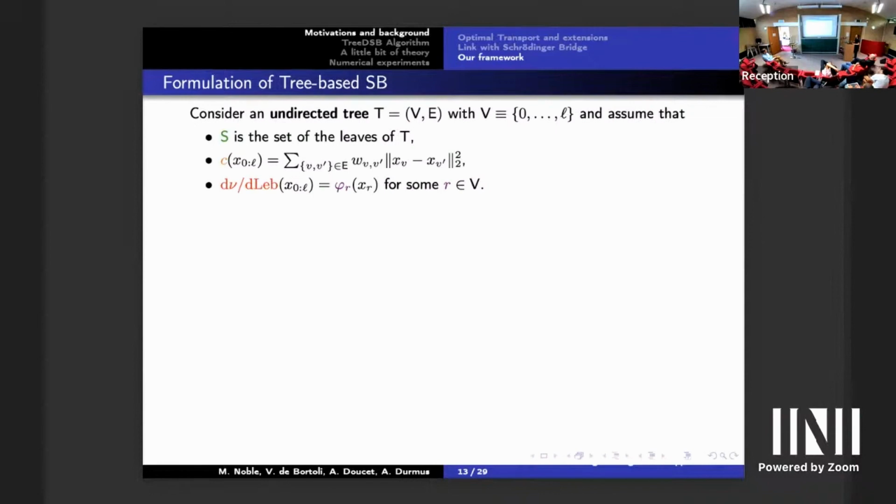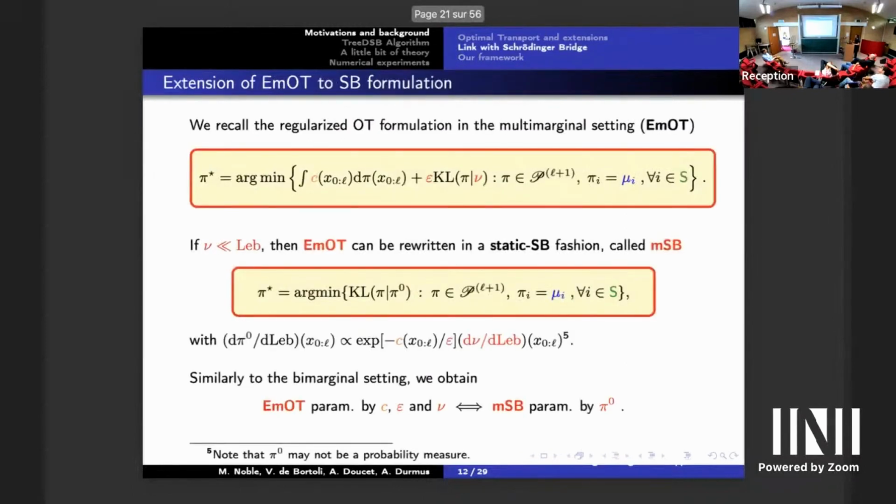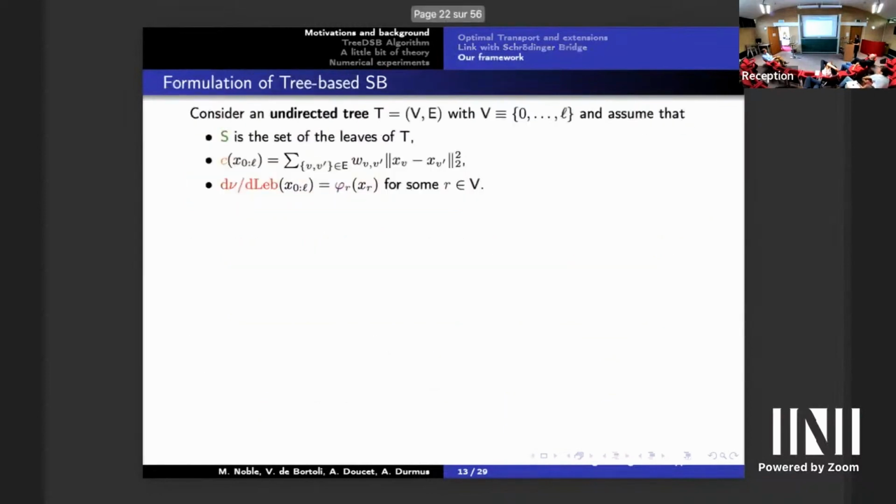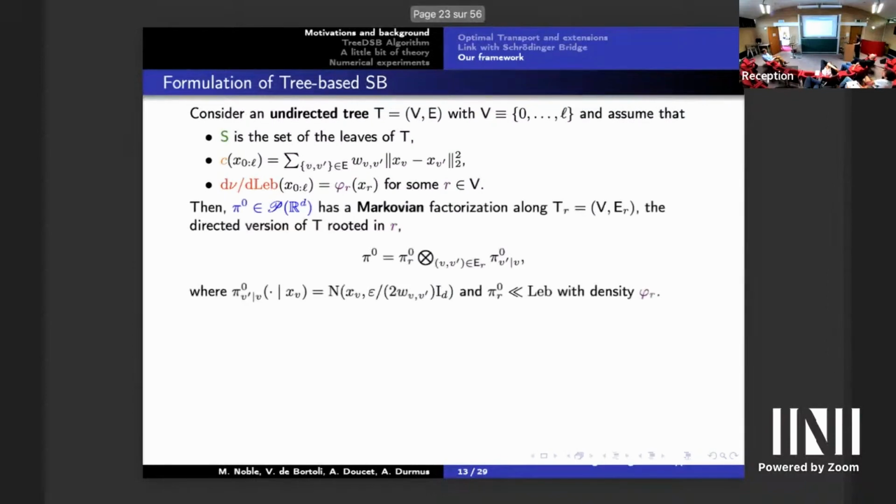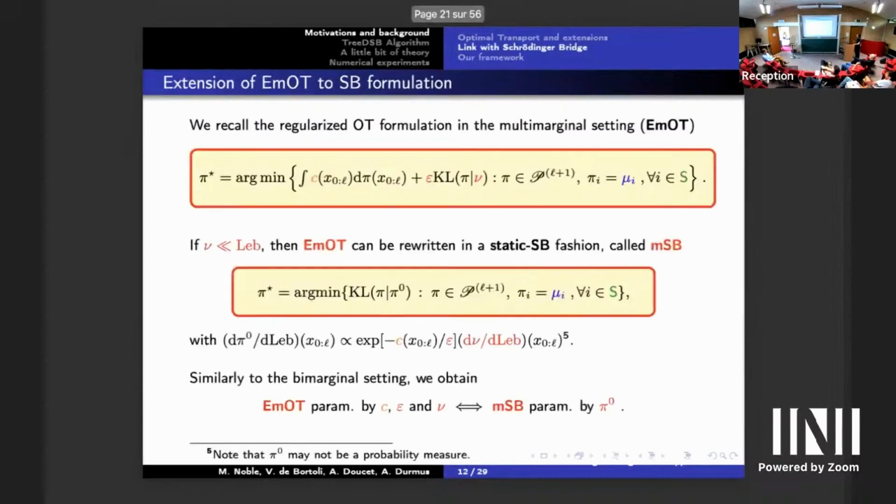And as I told you, if I don't have a proper choice of the nu measure, I may not have a probability distribution for pi naught. So once again, this may not be a probability distribution. What I consider in my setting is simply a potential against the Lebesgue measure, a potential in some vertex of my tree. So three ingredients, and what you have in the end is that if you compute this, you have a quadratic cost which decouples, you have your potential.